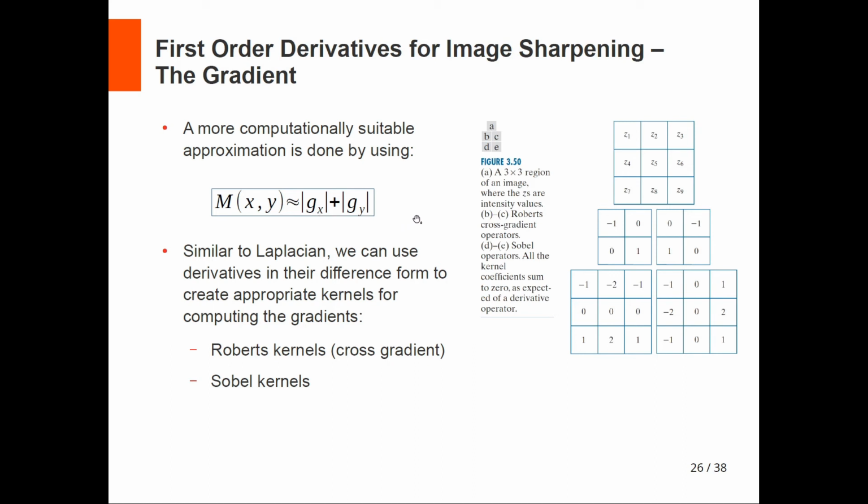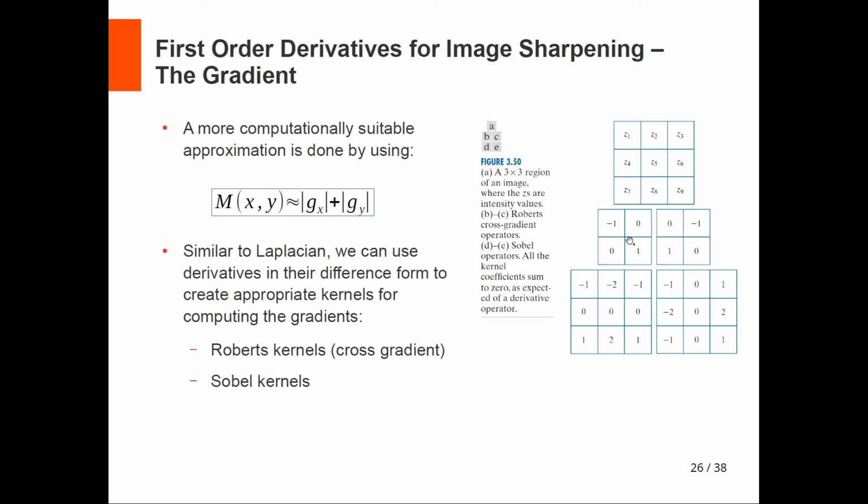So similar to Laplacian, we can use derivatives in their difference form, and we can create appropriate kernels for computing the gradients. So here you can see two different kernels. We can have Roberts kernel and we can have Sobel kernel. So this is a generic 3x3 region of the image, in which z values are the intensity values.